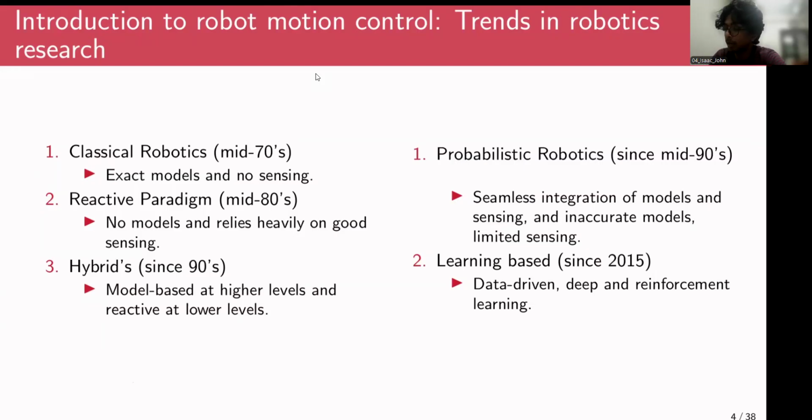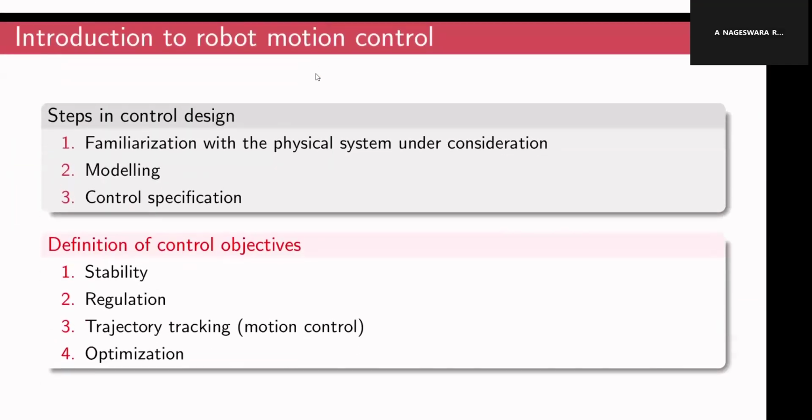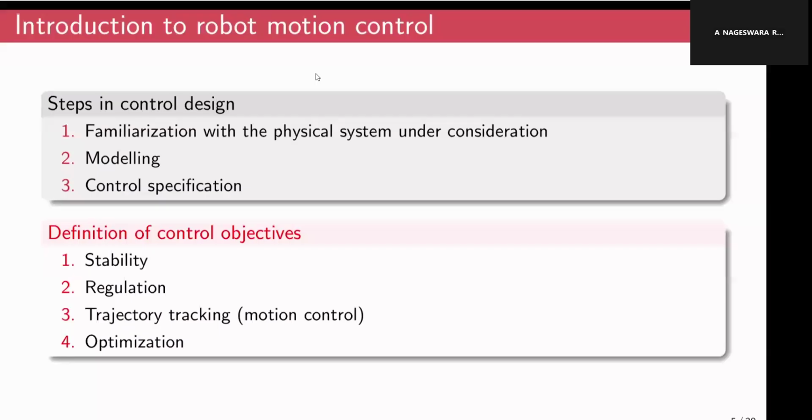But that would also require training the system using a lot of input-output data, which we would be generating as an offline procedure. That's about the control paradigms that we have seen over the years.